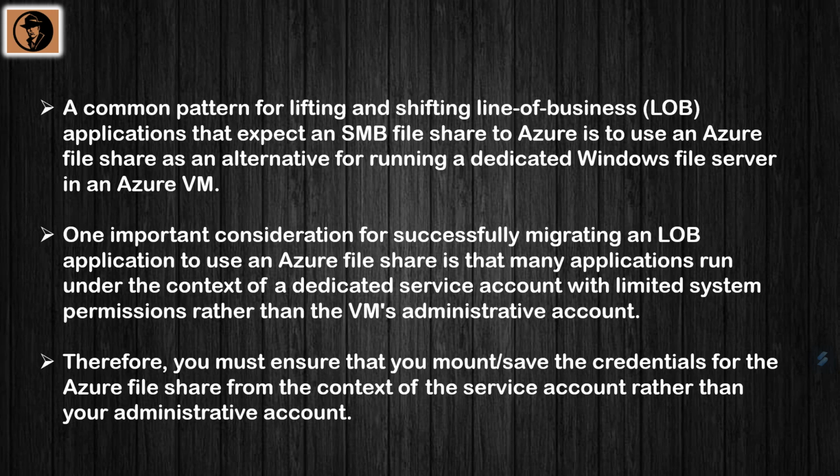Therefore, you must ensure that you save the credentials for the Azure file share from the context of a service account rather than your administrative account. So you should save the credentials from your service account, but not as an administrator.